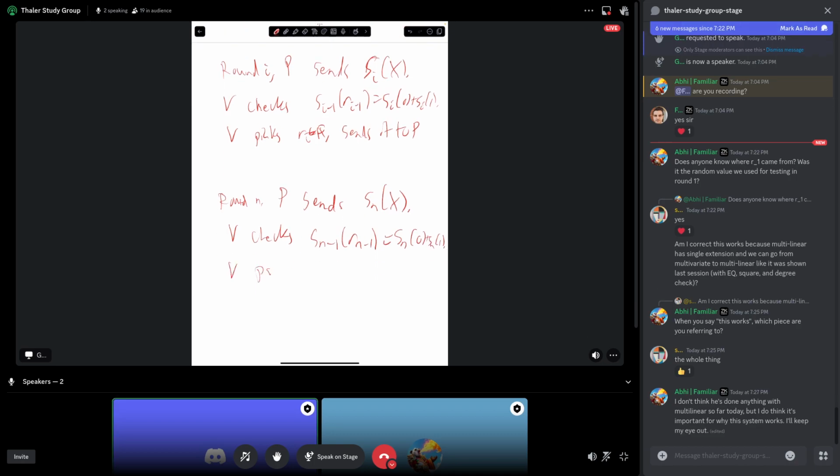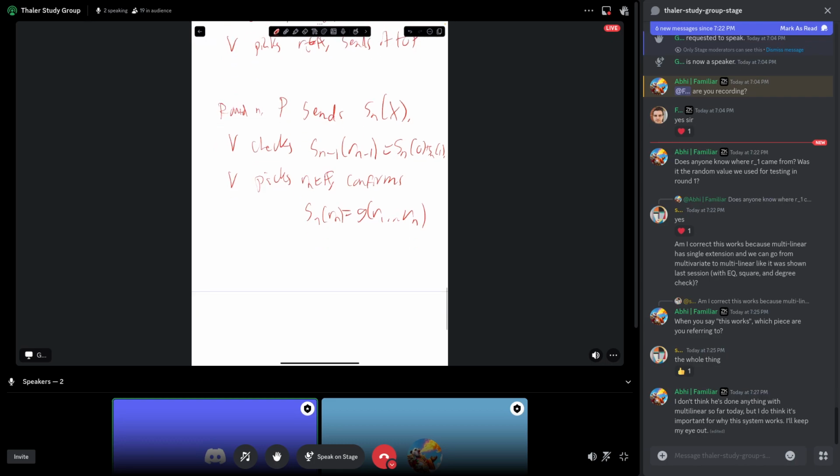Verifier picks r_n at random from the field, and finally confirms S_n of r_n equals g of r_1 up to r_n. And again, this is why the verifier needs to evaluate g at one point, namely, r_1 up to r_n. That's the sum check protocol.